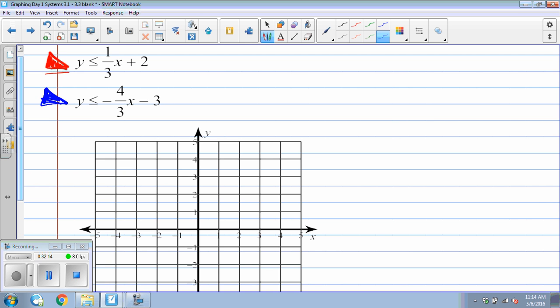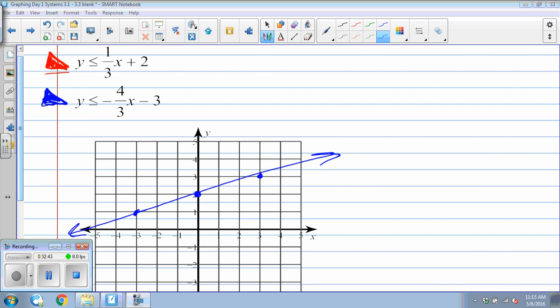For the first one, it crosses the y-axis at 2, and then I go up 1 over 3, or down 1 to the left 3. Remember, when you're graphing these manually, you either have to put a solid line or a dashed line. What determines that? The equal to bar. If it has the equal to bar, it's a solid line. If not, it's a dash. So this is a solid line.